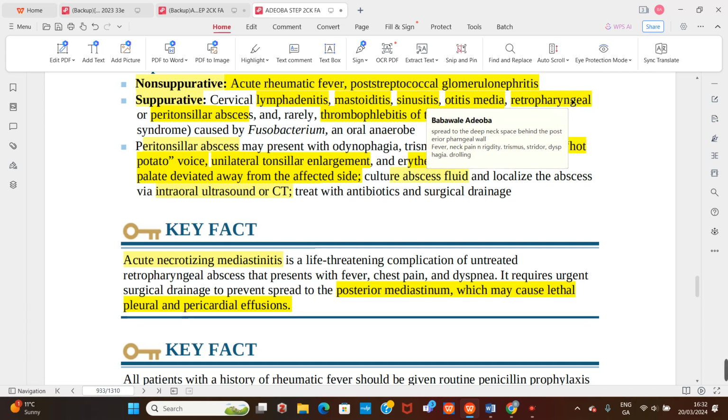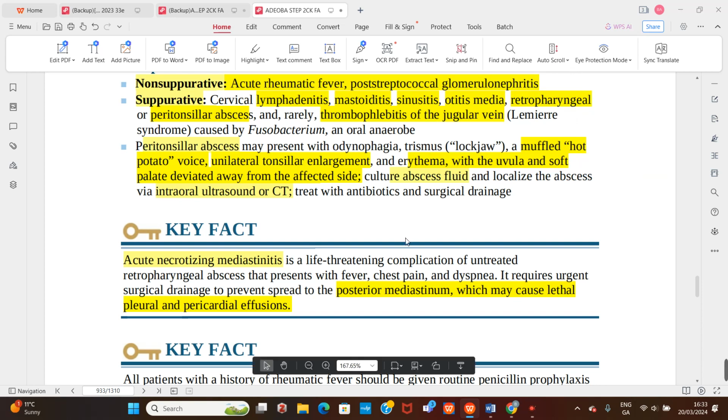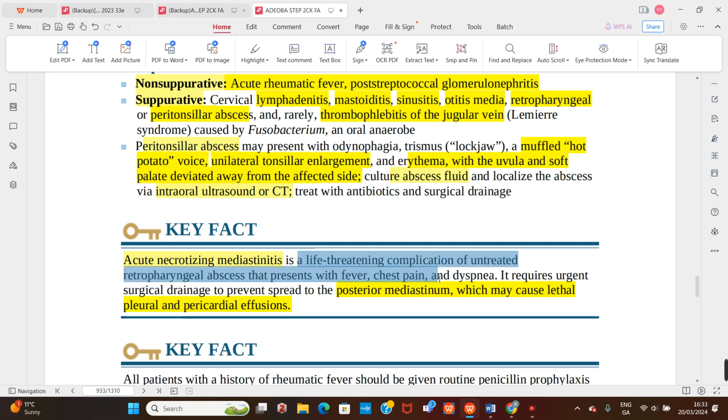So we can have spread of the infection from the retropharyngeal space downward into the mediastinum. And when it gets to the posterior mediastinum, it can spread around the mediastinal content, particularly the lungs and the heart. So it can cause pericardial effusion as well as pleural effusion, even mediastinitis too. That's one of the life-threatening complications of untreated retropharyngeal abscess.